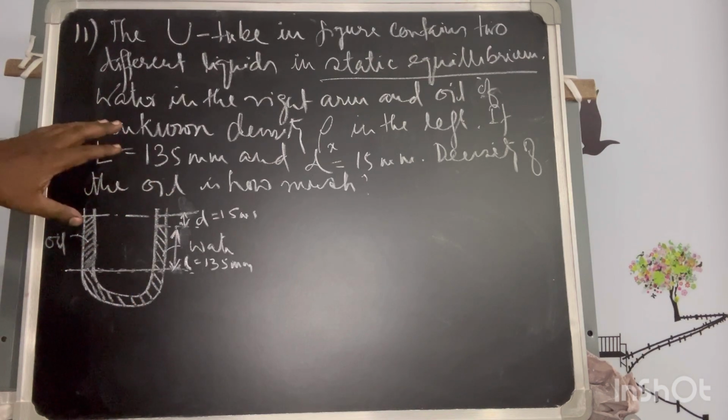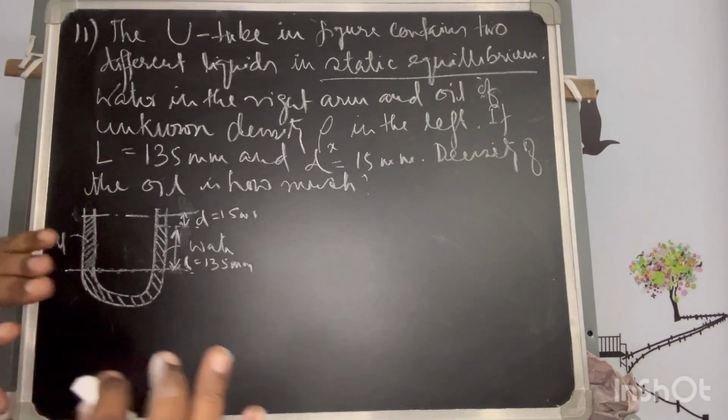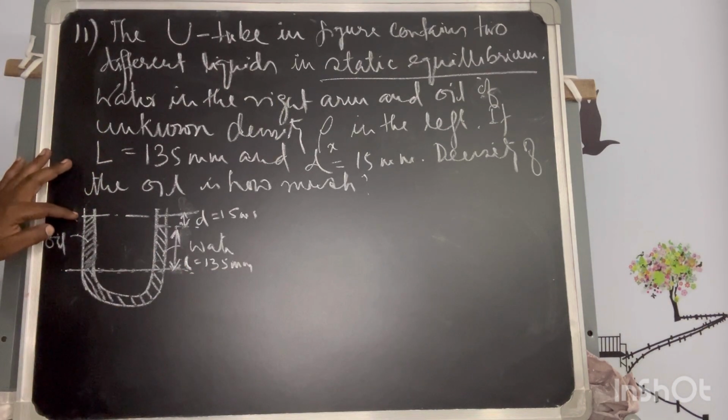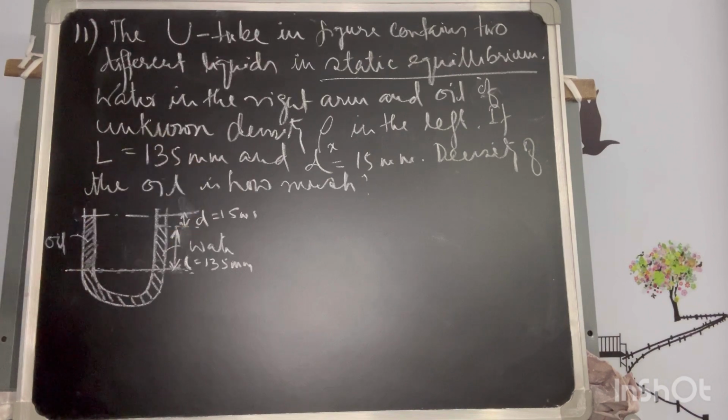Due to their density difference, after being in static equilibrium, the oil level at the open end has a height advantage over the water of D. So there both liquids are in equilibrium.